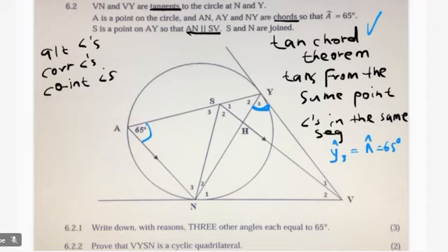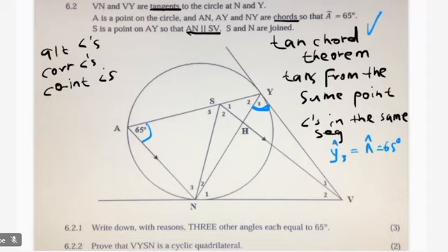All the edges of this triangle AYN touch the circumference, and Y3 is produced by NY and the tangent VY. So NY is again the chord that is subtending angle A. So it means that Y3 is equal to 65 degrees.